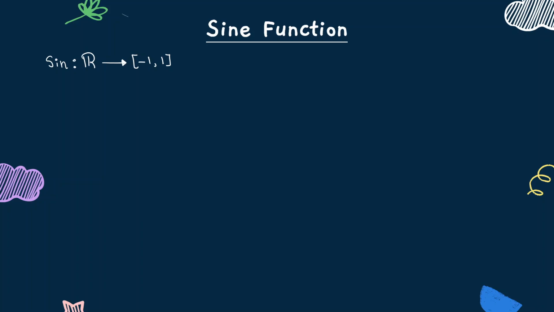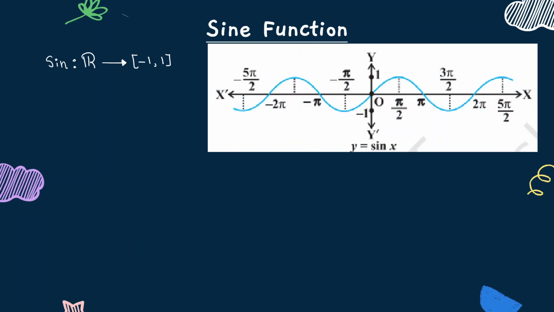And if you draw the graph of the sine function, it will look like this. From the graph, what we know is it takes the value 0 at so many places: at 0, at pi, at 2 pi, at minus pi, and it keeps taking this value at infinitely many places, as it is periodic in nature.